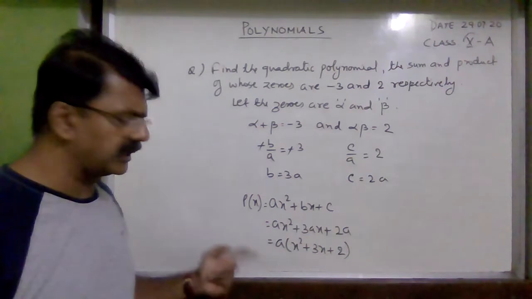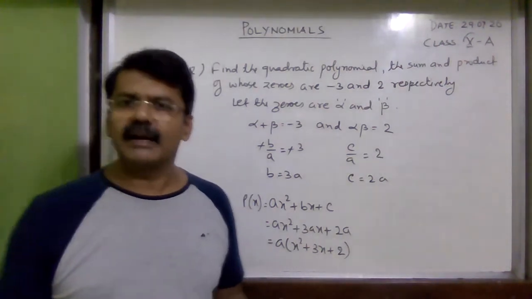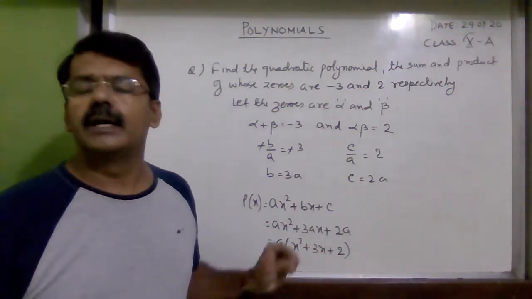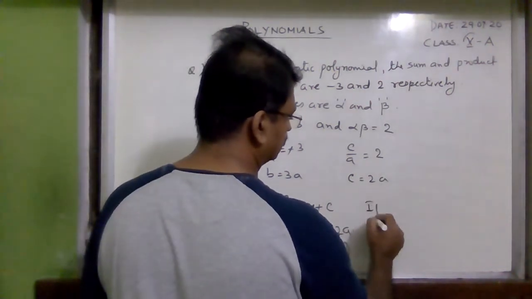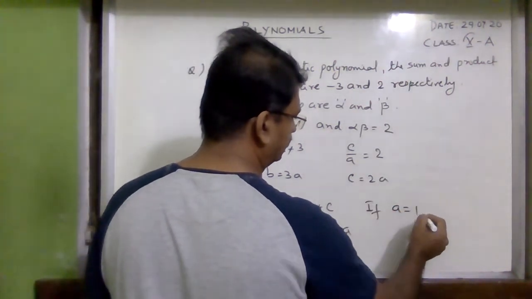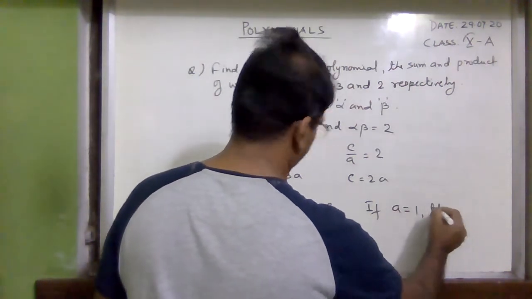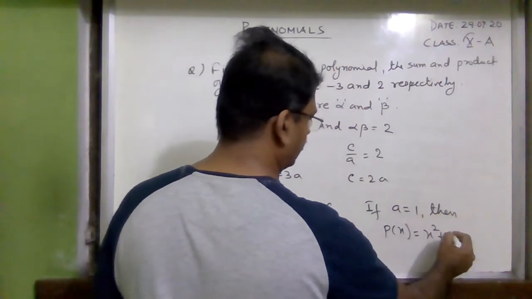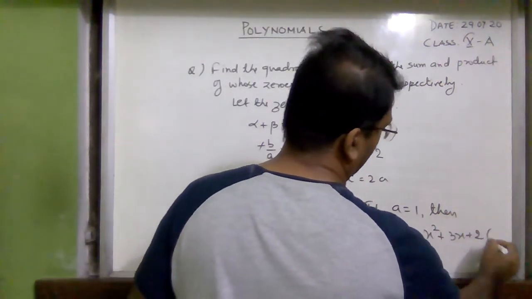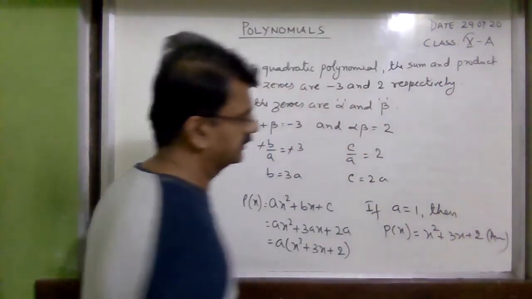Now a is a constant, so although a can have any value, here we will put a is equal to 1. If a is equal to 1, then px will be equal to x square plus 3x plus 2, and that is your answer.